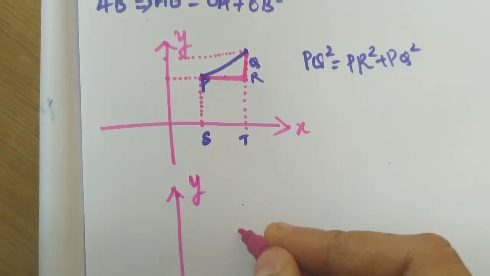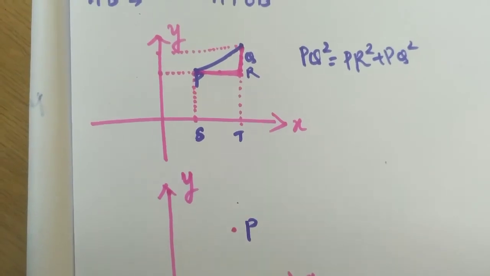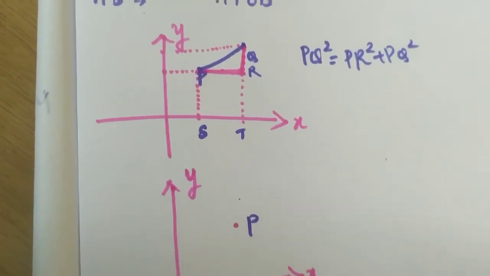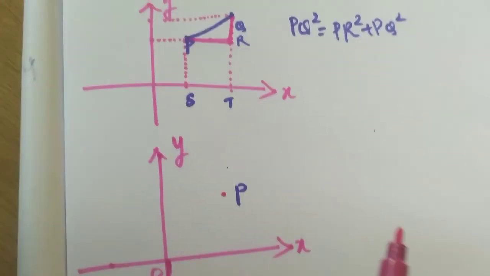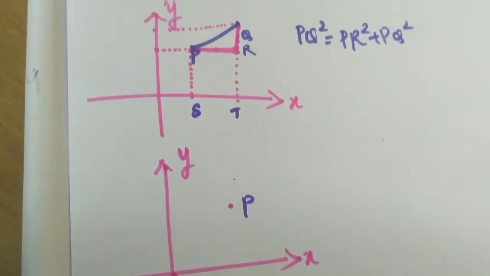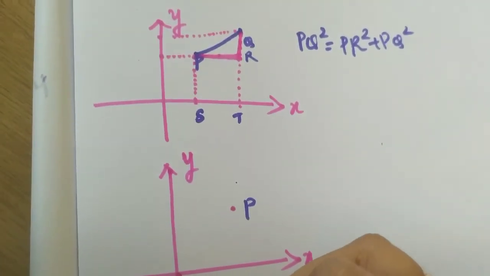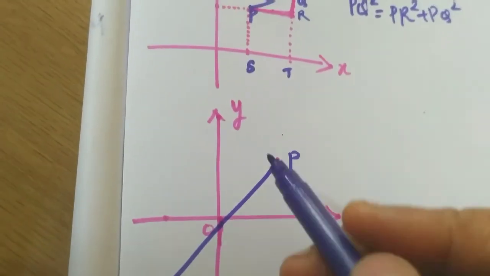Let me take one point P on the first quadrant and another point Q on the third quadrant. I need to find its length.